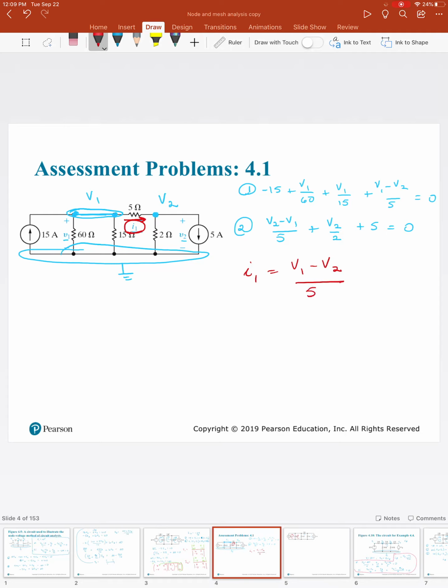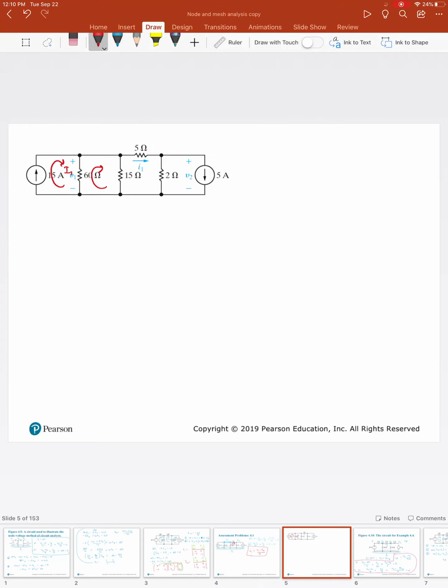So to fully solve the circuit, you would need to have this equation as well, which is not a node voltage equation. It's not a source equation. It's not any kind of equation that's necessary to solve for the node voltages. But it is a variable in the circuit that the question was asking you to solve for. So after you solve for the node voltages, you plug those in so that you can get that current. Okay, sorry, that was an important point I wanted to make. Now back to mesh current.